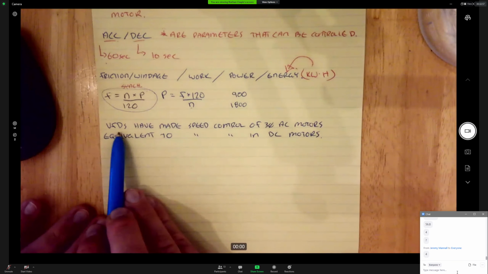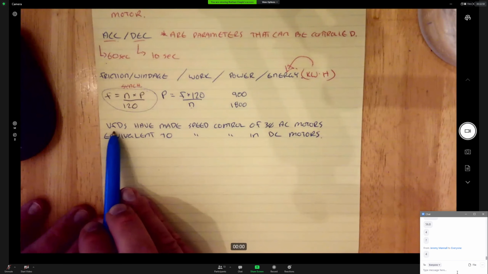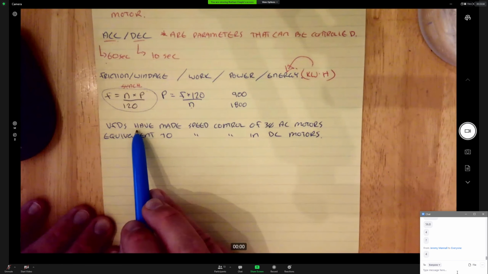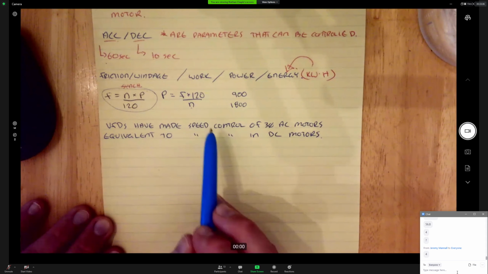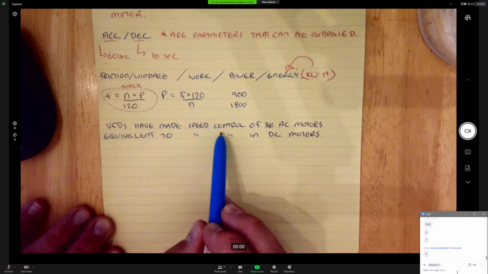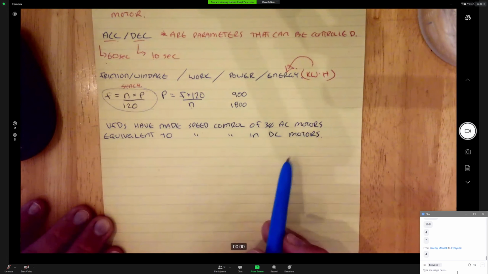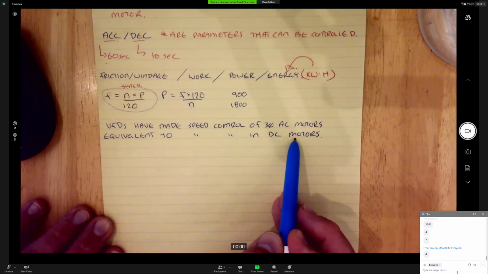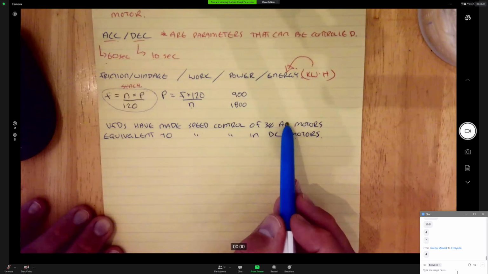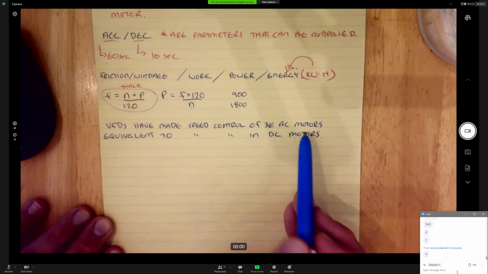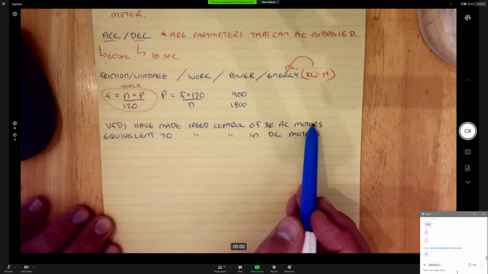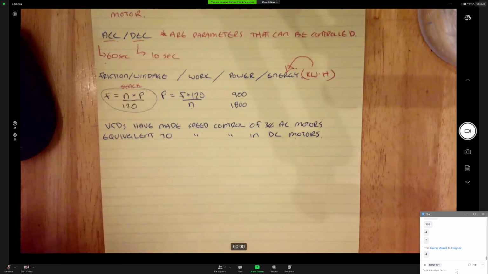So with variable frequency drives, and this isn't super recent, maybe 25, 30 years ago, we can now control a three-phase AC motor with the same precision of speed control as a DC motor. And DC motors have a lot of extra maintenance and a lot of extra cost, and so AC motors really are the way to go for industrial applications. Anywhere where we use a motor, they make more sense. DC motors are still manufactured though.